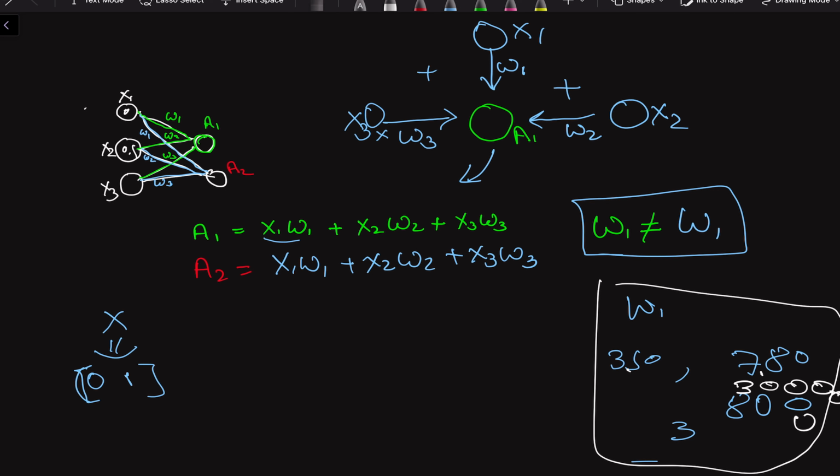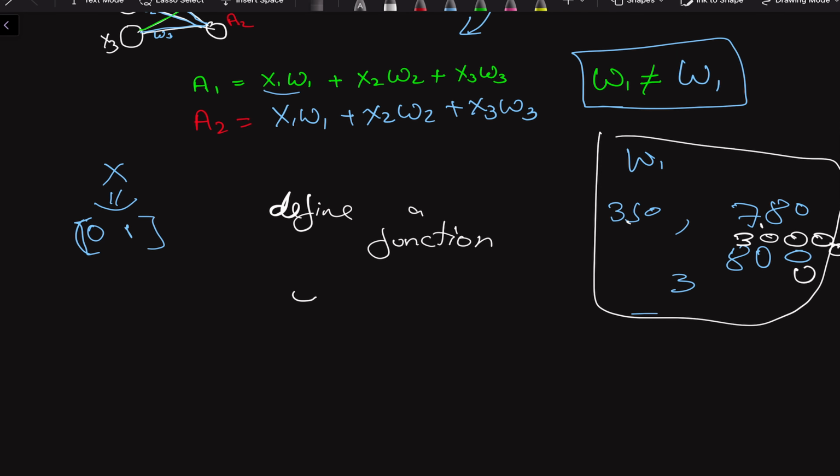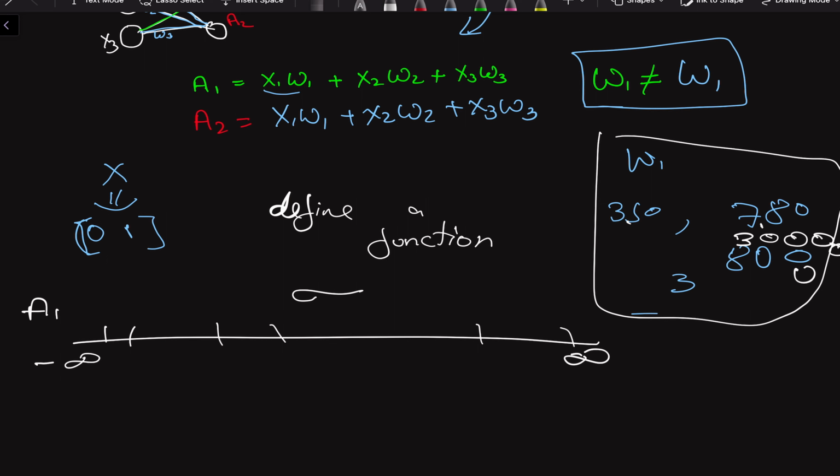So we're going to define a function for this. I'm going to use something called a sigmoid function to squish that huge number line of A, which currently can go from -infinity to +infinity because the weights can be anything.